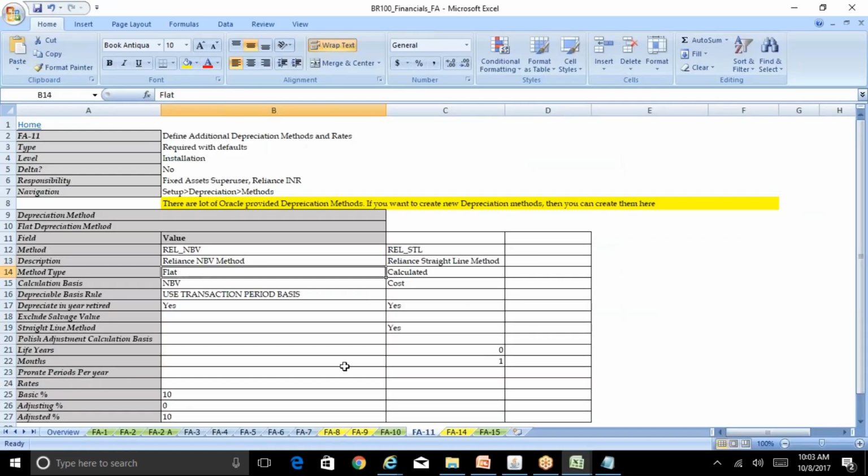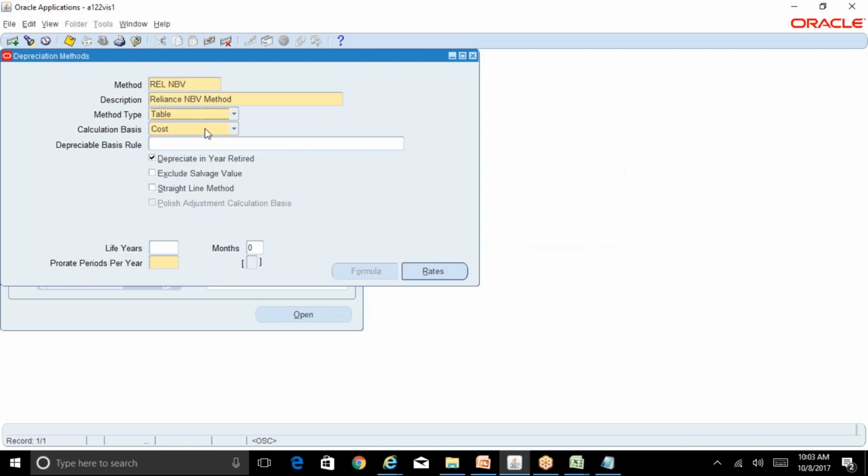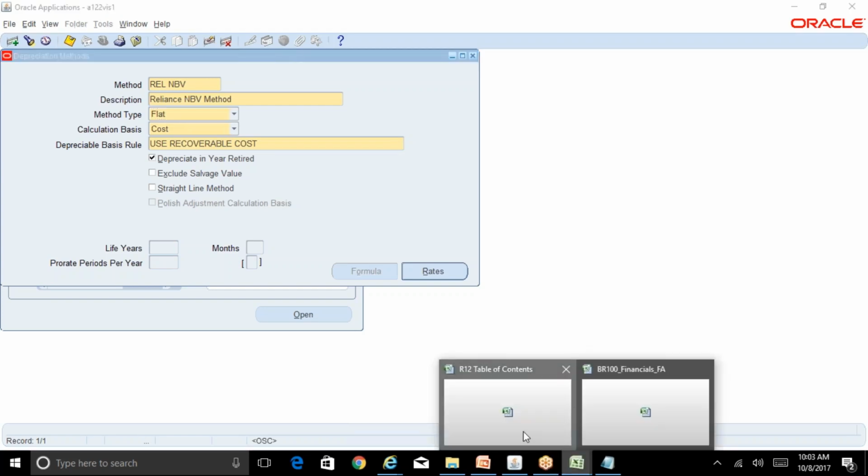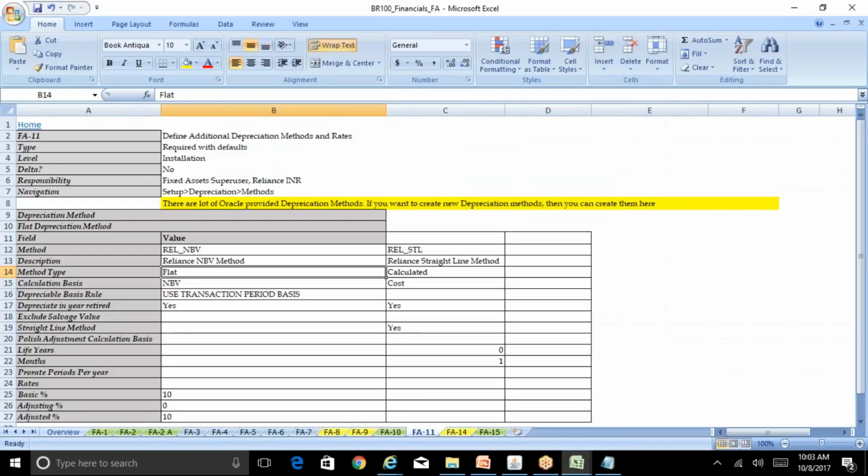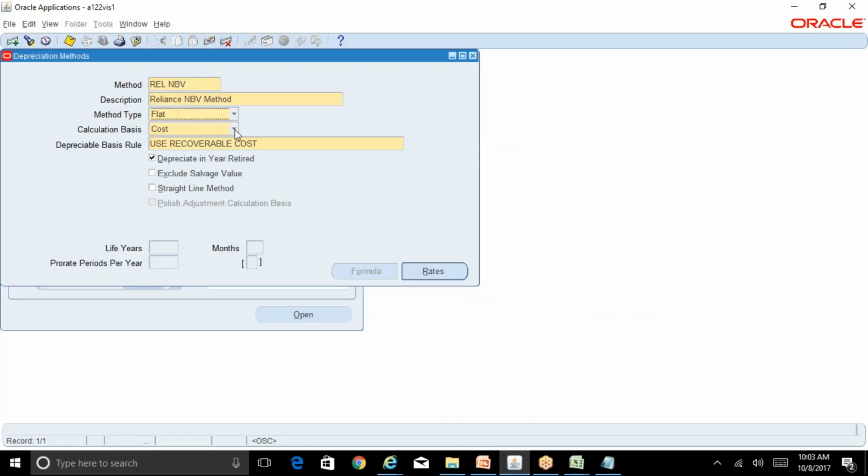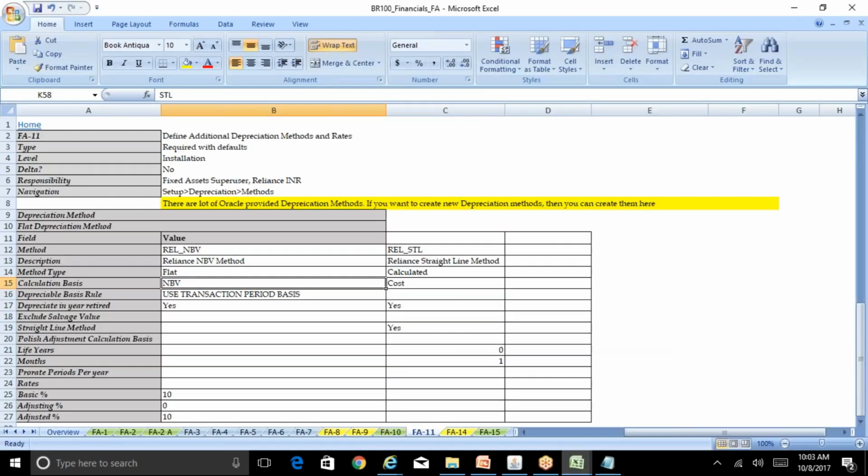Method type, again there are different permutations and combinations based on these method types. So method type should be flat, and calculation base should be NBV, net book value.